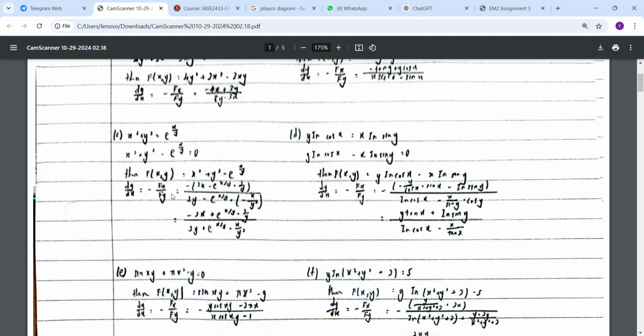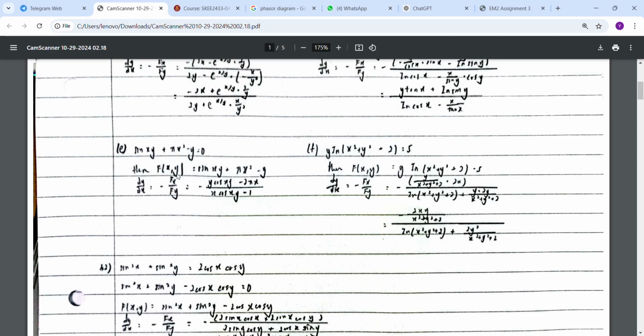For question D, also rearrange it to equal 0, find the fxy and use the same formula. For questions E and F also, first we need to rearrange them to equal 0 and find the fxy, and also use the formula negative fx over fy.